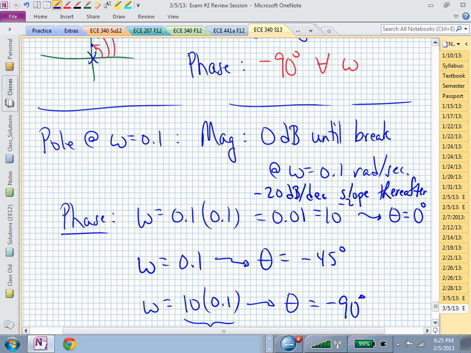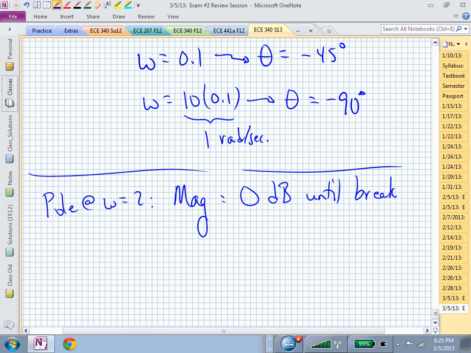I failed to write that in the first one. Now we have the same thing until break at omega equal to 2, with slope minus 20 dB per decade thereafter.